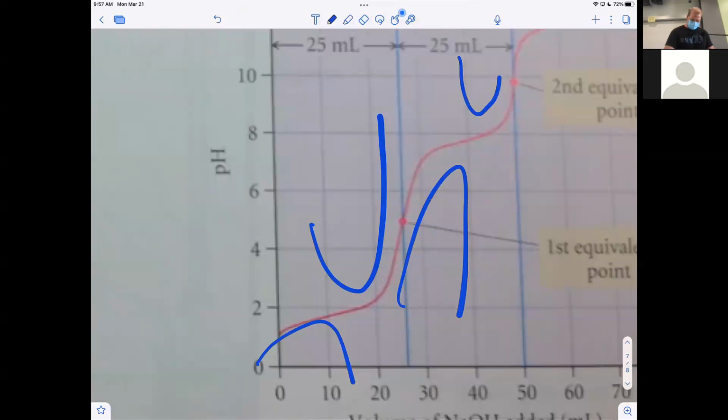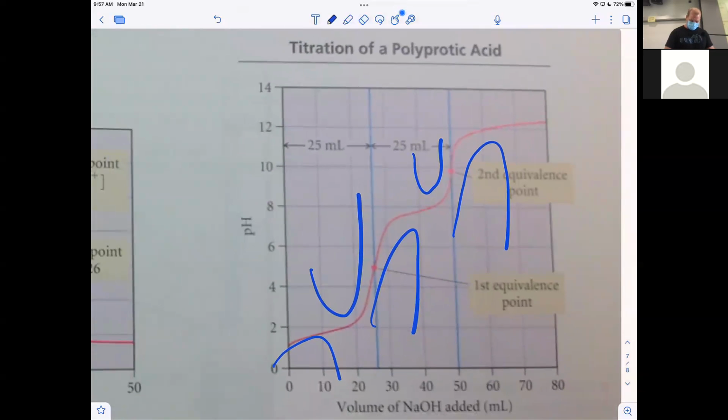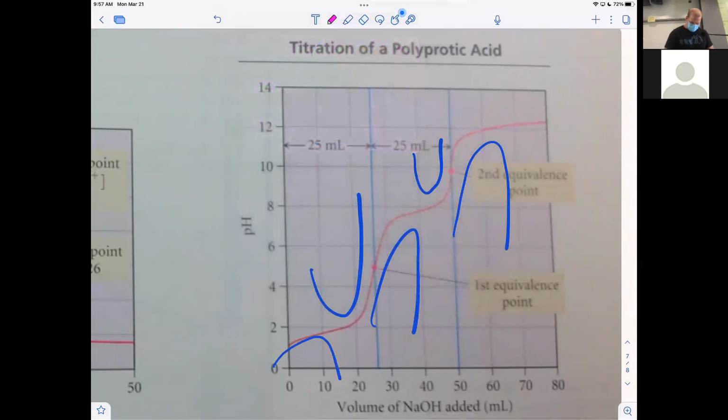It kind of goes concave up here, then concave down again. So that tells you that there's going to be a Ka1 here. There's an equivalency point there. There's going to be a Ka2 there, an equivalency point there.